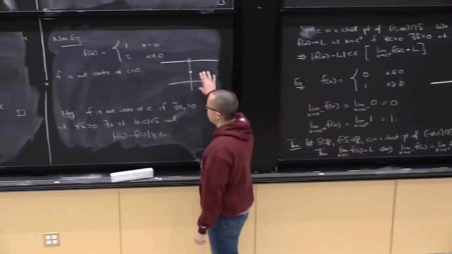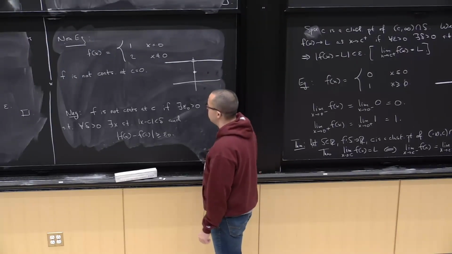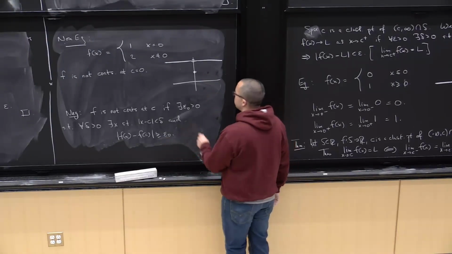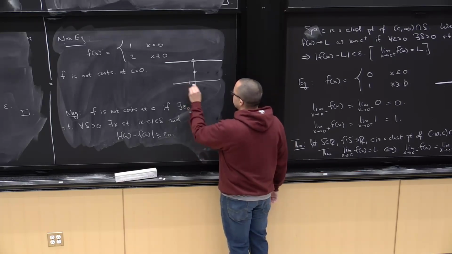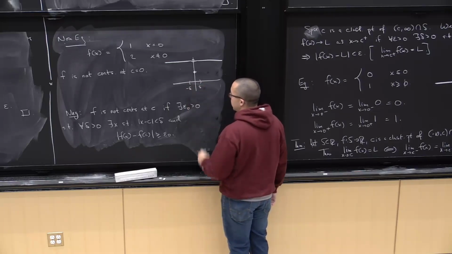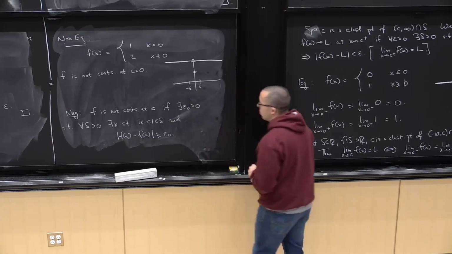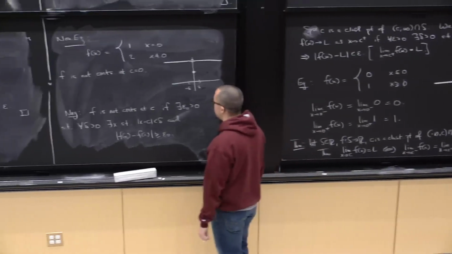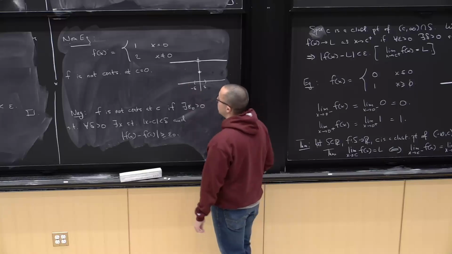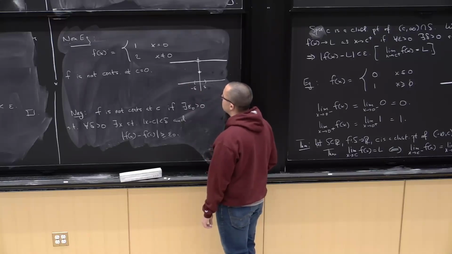Now for this guy, it's pretty clear which x to choose. So let's think this out for a minute. There should be some bad epsilon 0 so that if I take any small interval around 0, I can find a point in this interval so that f of x minus f of c is going to be bigger than or equal to epsilon 0. All right, now here f of c is f of 0, which is 1.